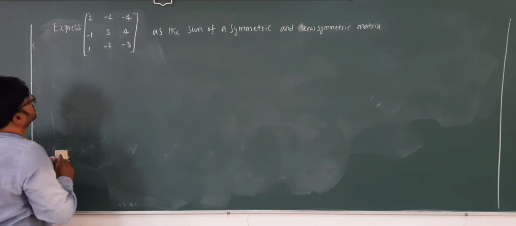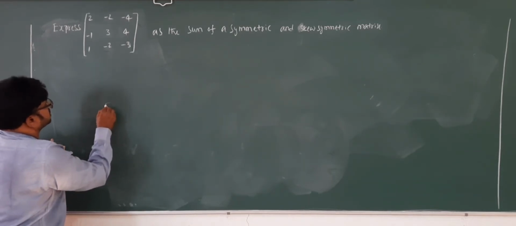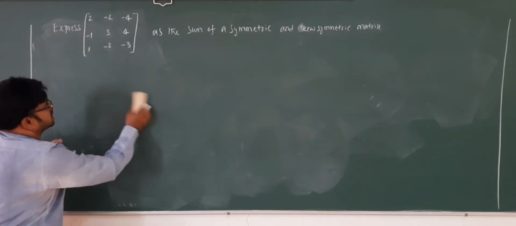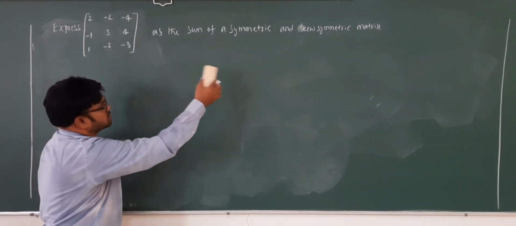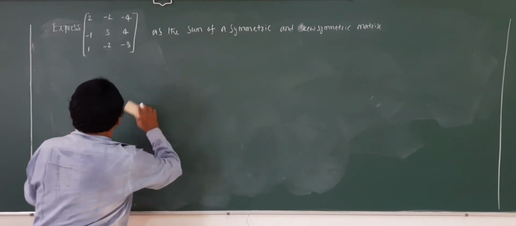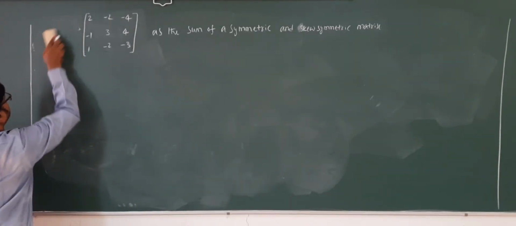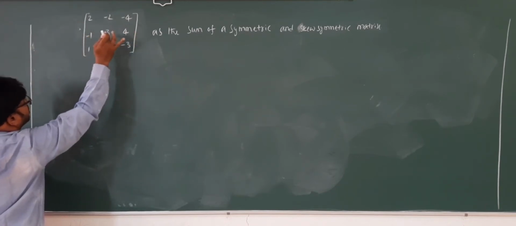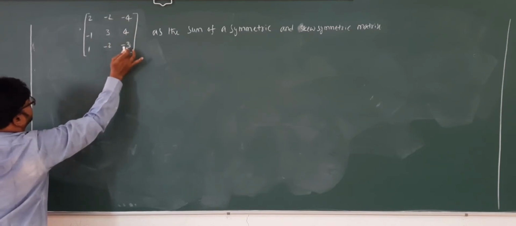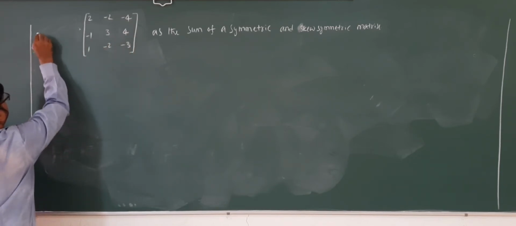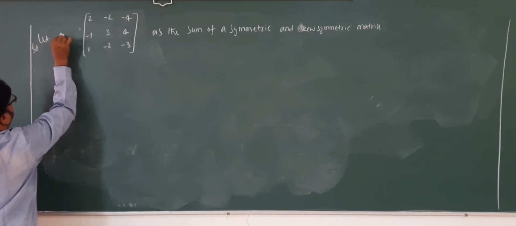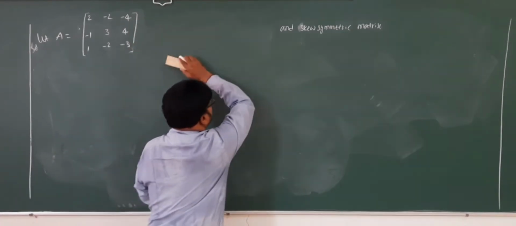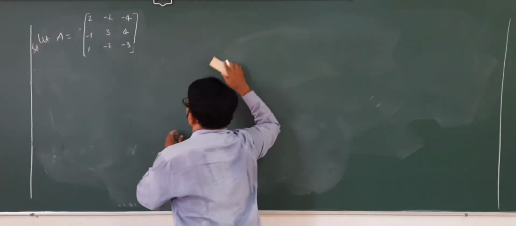Next numerical: in the last problem we had to express a 2 by 2 matrix. Now we have to express a 3 by 3 matrix as the sum of a symmetric and skew symmetric matrix. The matrix is [2 -2 -4; -1 3 4; 1 -2 -3]. Solution: let A equal to this matrix.